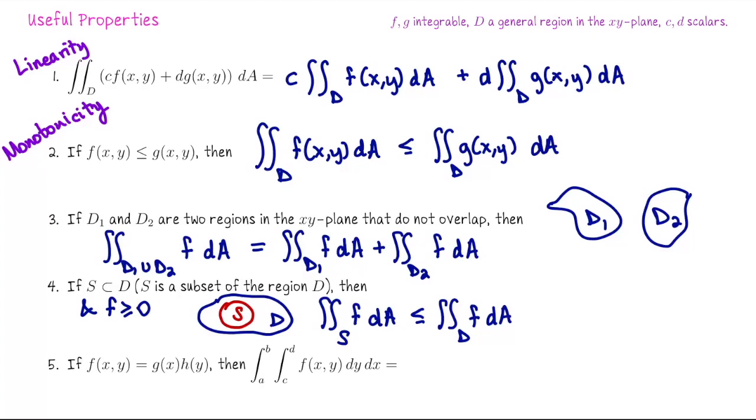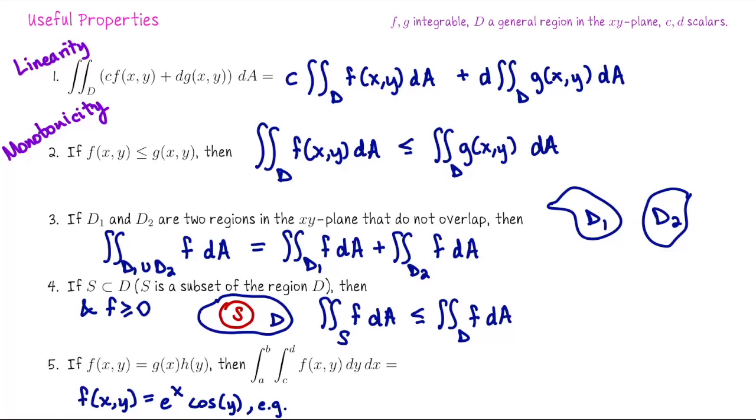And then the final property here is really useful. This says that if your function f of x and y can be put in a factored form that looks like a function of x times a function of y, for example, f of x and y equals e to the x times cosine y, and you would like to compute the double integral of f over a rectangular domain, you can basically take that double integral and split it into a product for the x component and the y component.